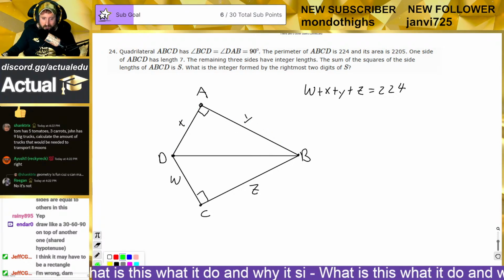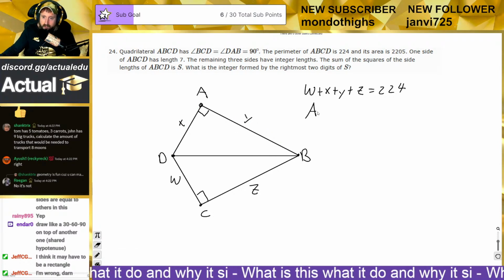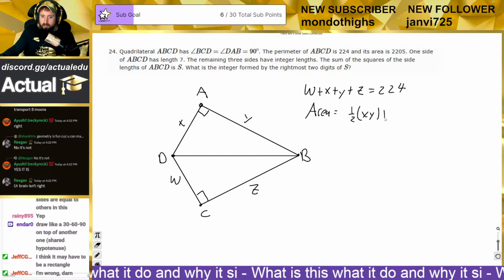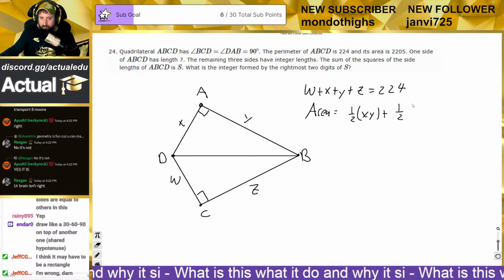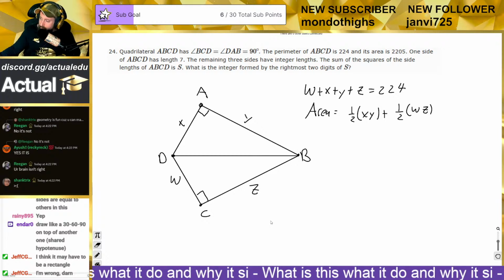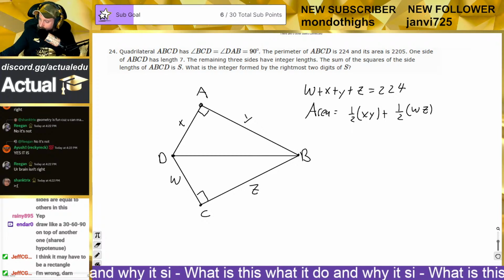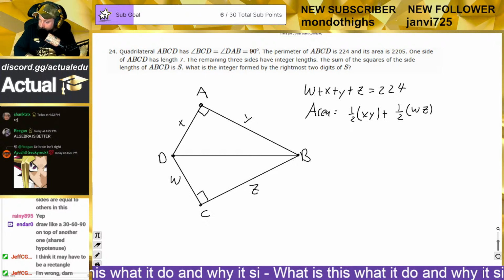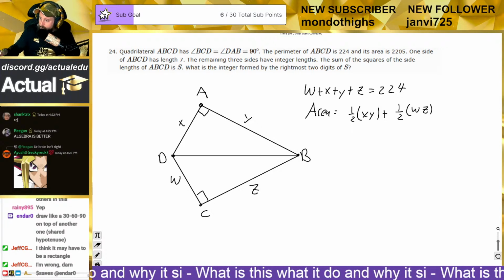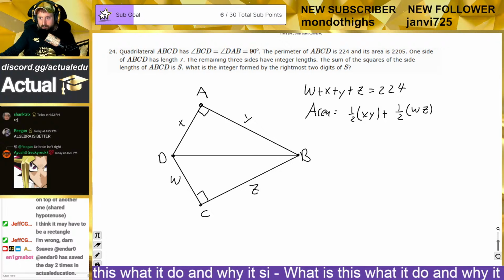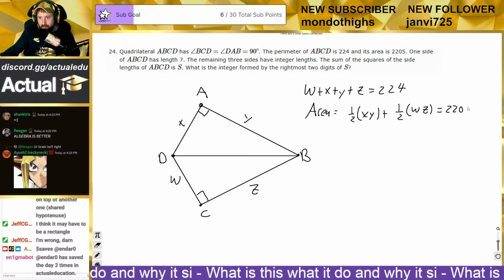The area is equal to 1/2 XY plus 1/2 YZ. I think that really helped. I'm going to give Endar a save for that. I appreciate Endar for saying the 30, 60, 90s together. It really saved my sanity here. Okay. Cool. That needs to be equal to 2205.